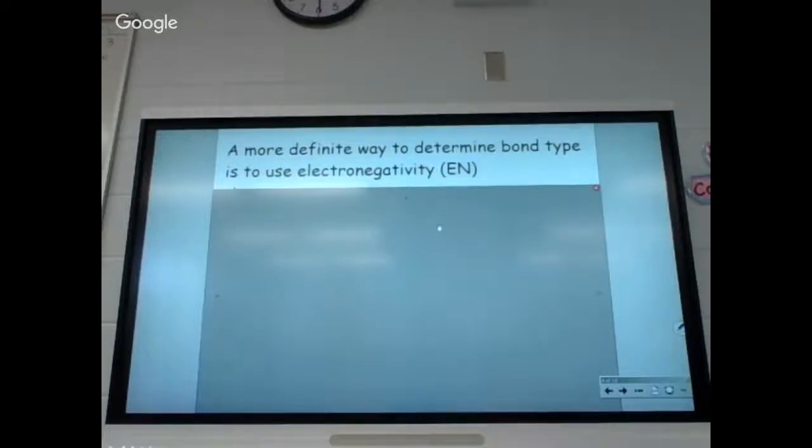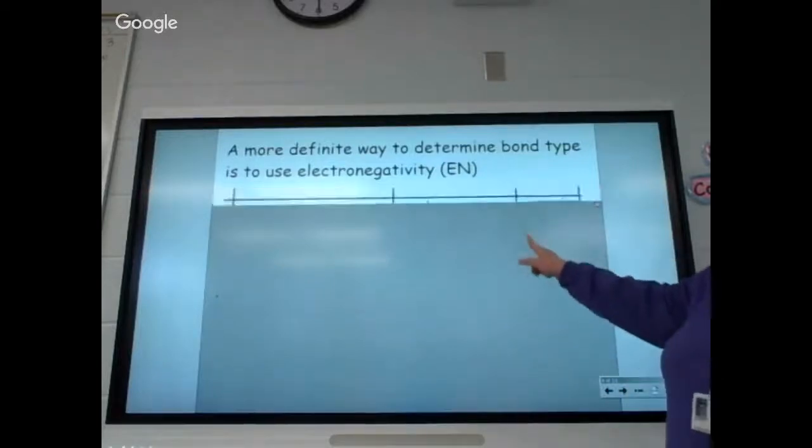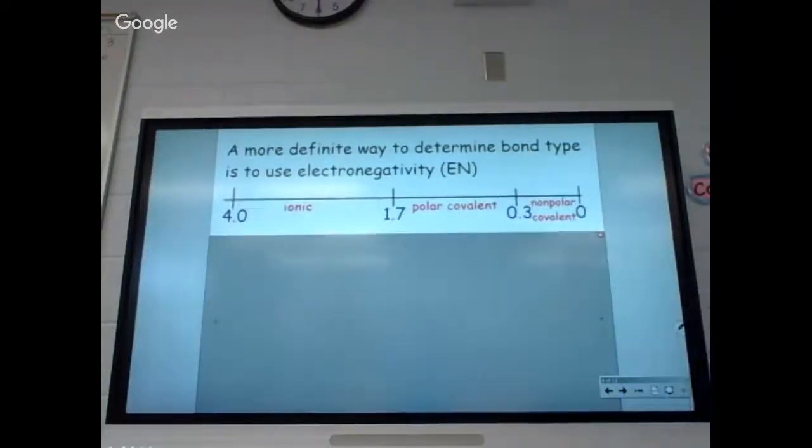This chart I'm handing you is a table of electronegativities that we're going to use. Did I get one for everybody? Yes? No? Okay, so we're going to use this scale.